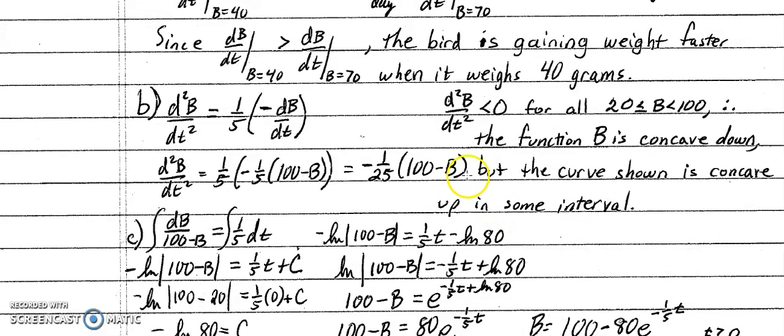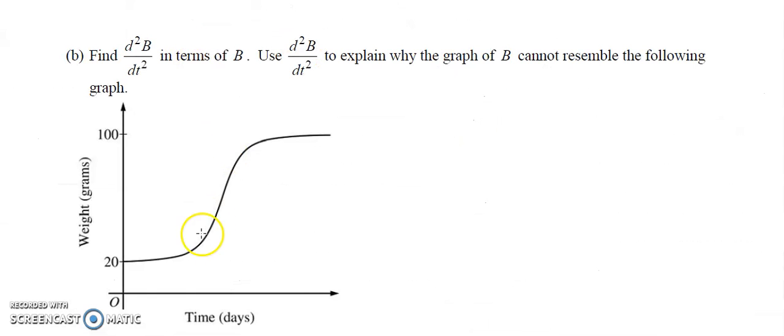Now, looking here, from 0 to 100 for B, that's going to be a positive value, times a negative is going to be always negative for second derivative, meaning this is going to be concave down between 20 and 100, I should say, because that's the interval it says. So since that's always less than 0, the graph's always going to be concave down.